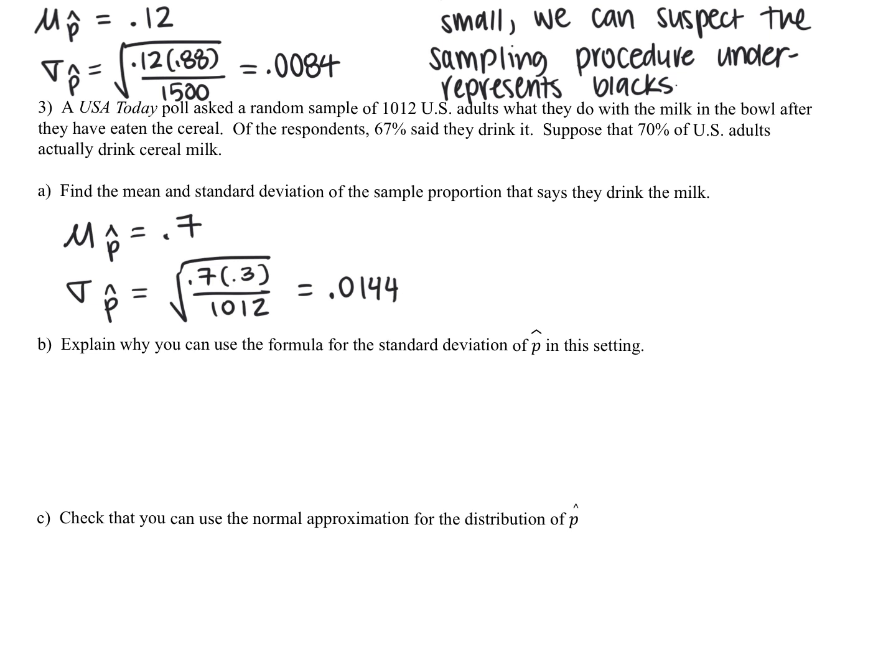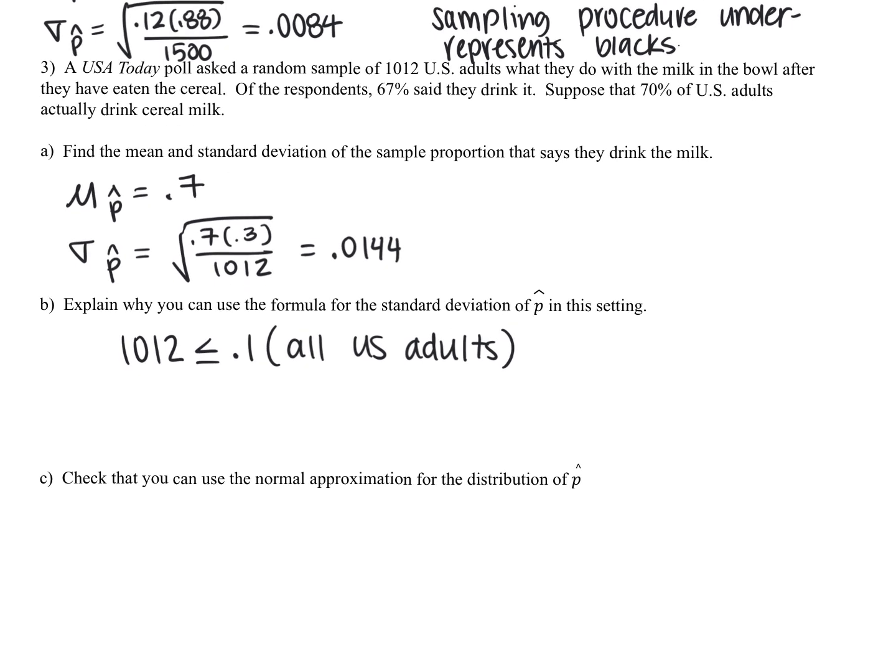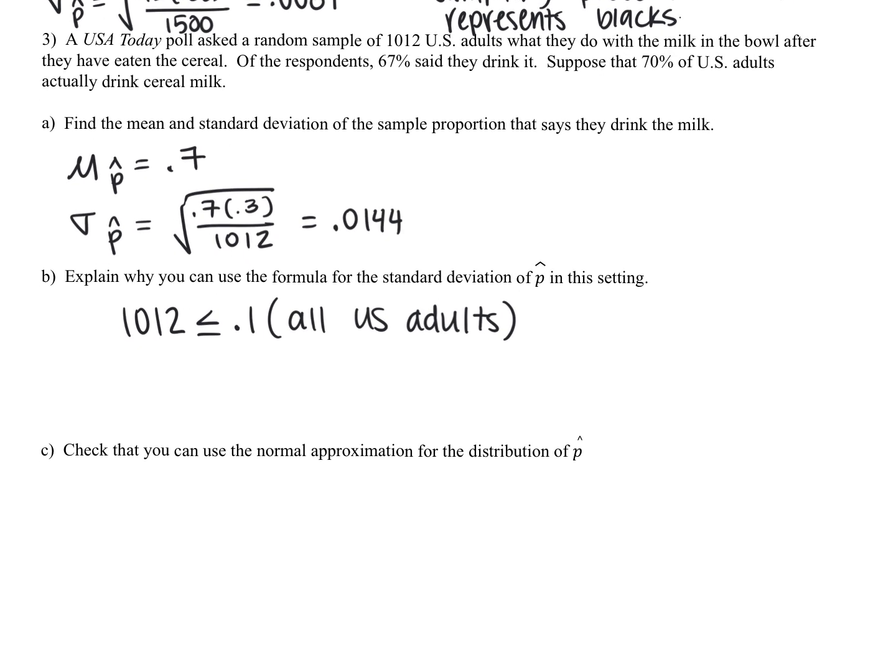So explain why you can use the formula for the standard deviation of p hat in this setting. So 1,012 is less than or equal to 10% of all U.S. adults. So our independence condition has been met. Next, we want to check that we can use our normal approximation for the distribution of p hat.